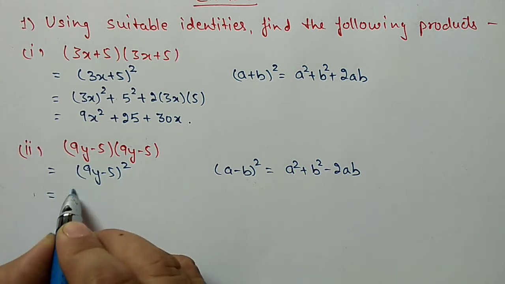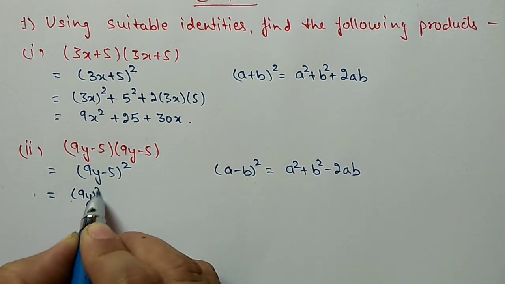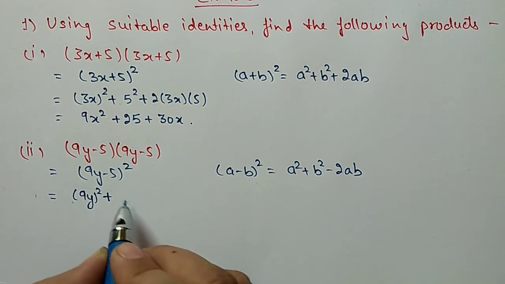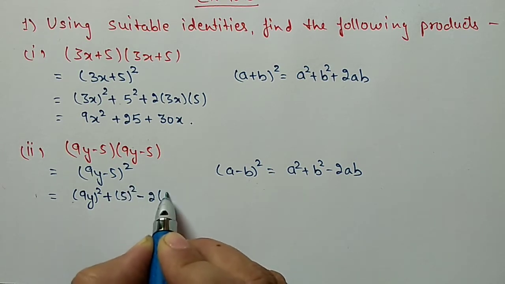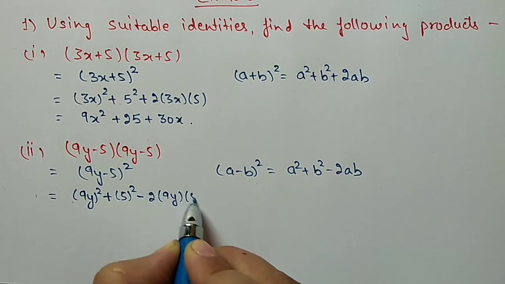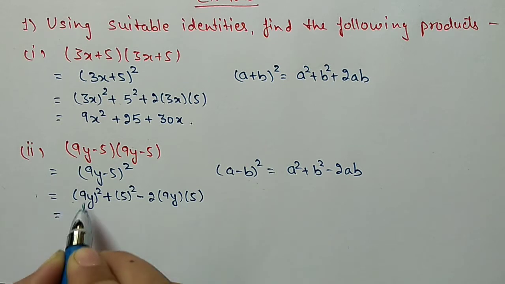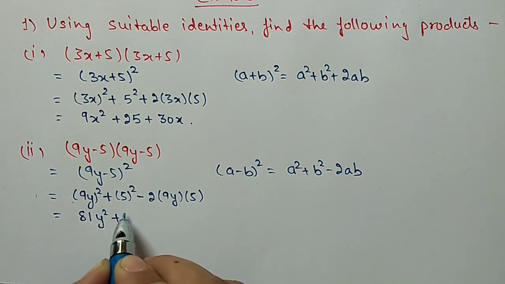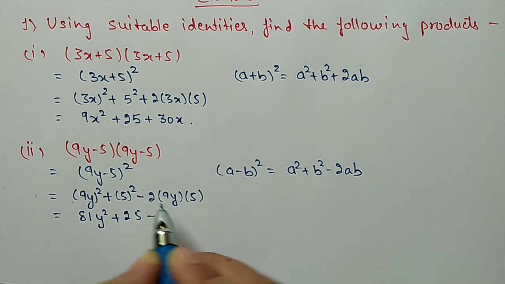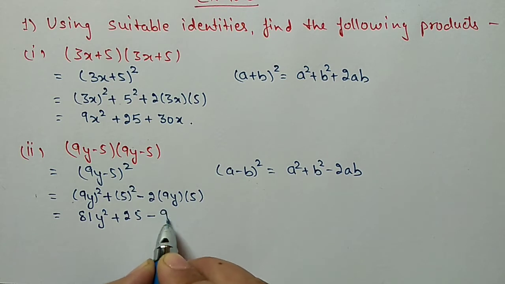So first a square means 9y whole square, then b square means 5 square, minus 2ab. A is 9y and b is 5. So 9y whole square means 81y square plus 25, then 2 into 5 is 10, and 10 into 9 is 90y.